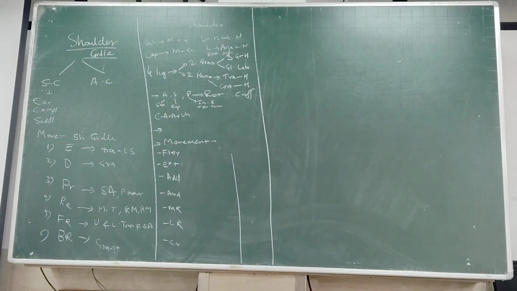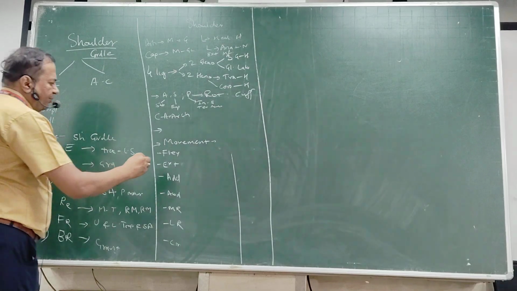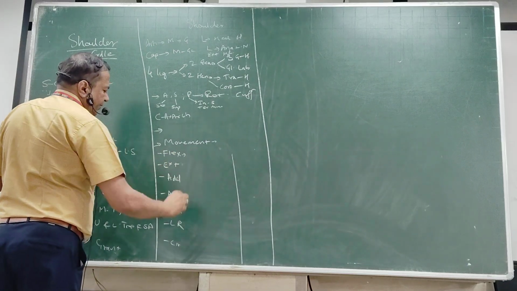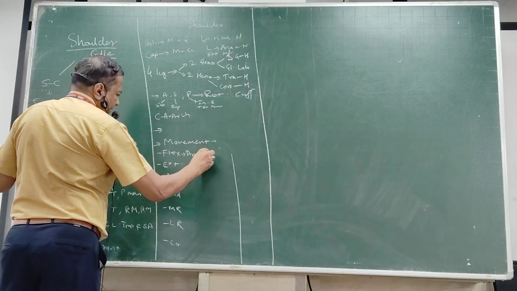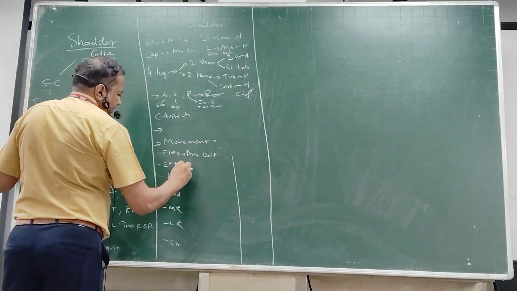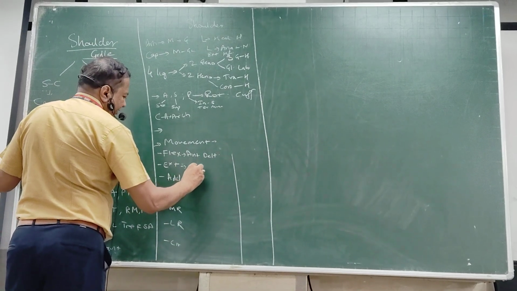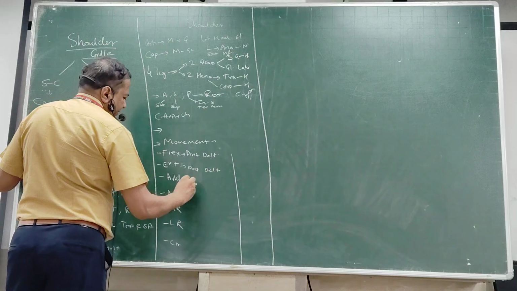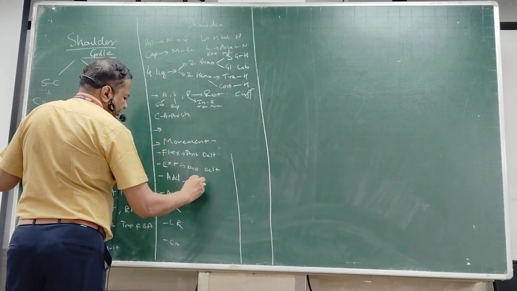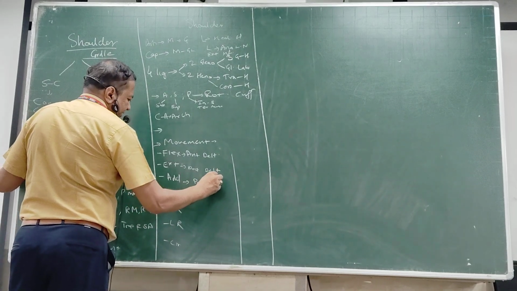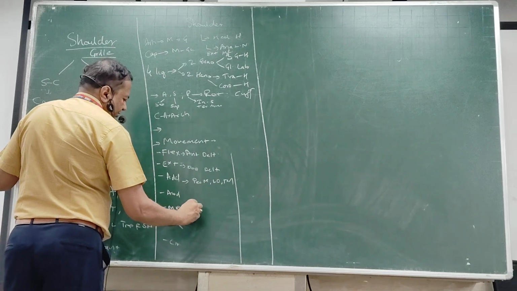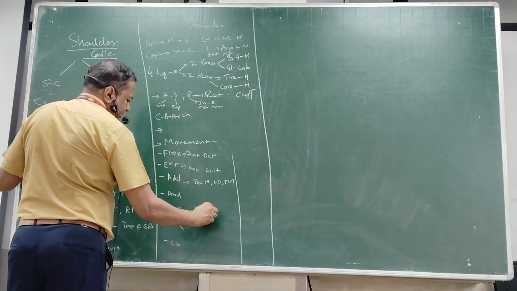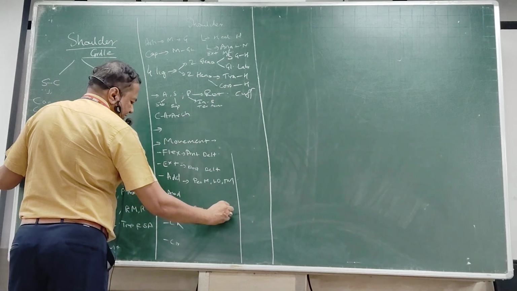Flexion is brought about by the anterior fibers of deltoid. Extension is brought about by the posterior fibers of deltoid. Adduction is brought about by pectoralis major, latissimus dorsi, teres major. Medial rotation is brought about by pectoralis major, latissimus dorsi, teres major.